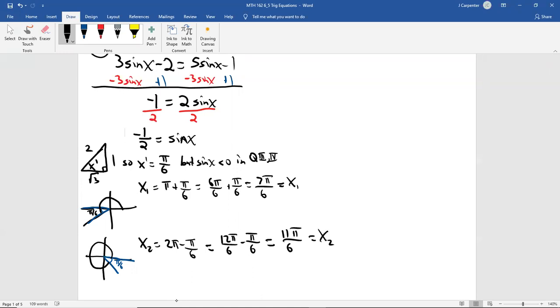So with those things combined, I'm just going to say x is equal to, and I'm going to do this wrong for a second. 7 pi over 6, I'm going to leave some space, comma, and then 11 pi over 6, and I'm going to leave some space. Let me write that a little smaller.